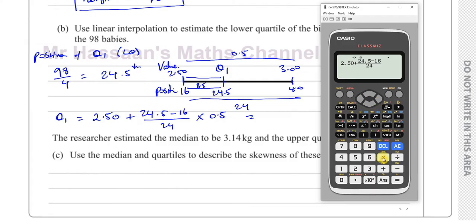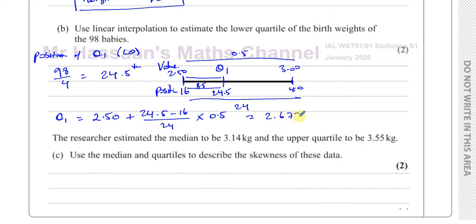That fraction of the width of the group, which is 0.5 in terms of the value, will give you the value of Q1. So you get 2.677083 and it continues on. We want to round it to 3SF. It didn't tell us how to round it, so we should give it to 3SF if it's not stated. So we can say Q1 therefore is 2.68.